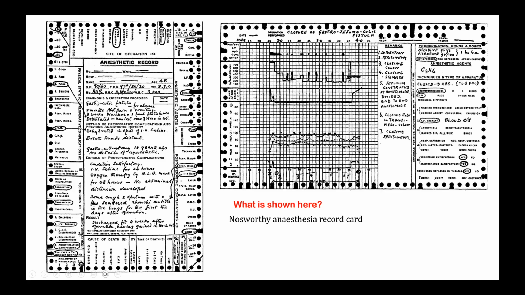And the pre-op diagnosis and operation notes, you can see gastrocolic fistula for closure, 5 months abdominal pain, vomiting, 3 weeks diarrhea and food intolerance, flatulence, etc., and details of preoperative complications and previous anesthetic history. Everything has been noted as early as the 1960s and 70s.